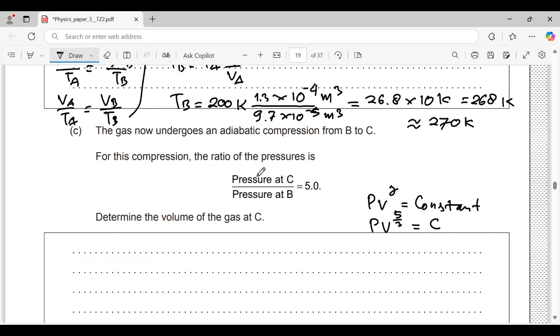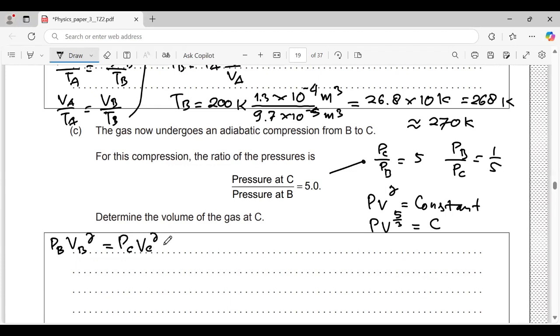When PC over PB equal 5, it means PB over PC is 1/5. So the equation for an adiabatic process, I would like to write as PB VB power gamma equal PC VC power gamma.